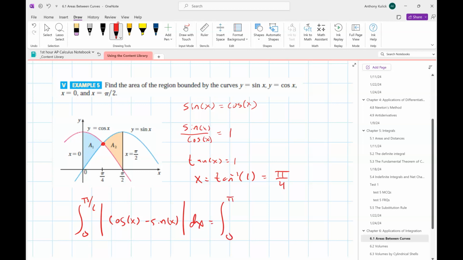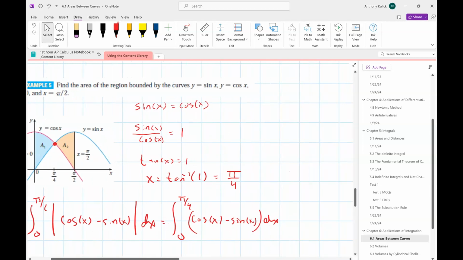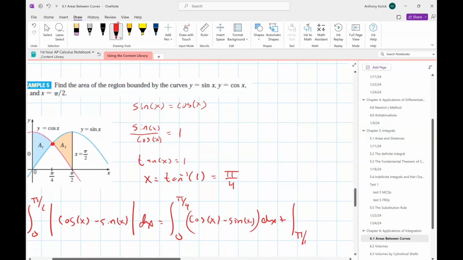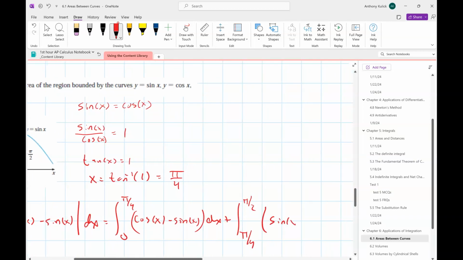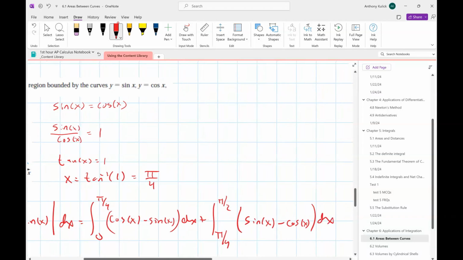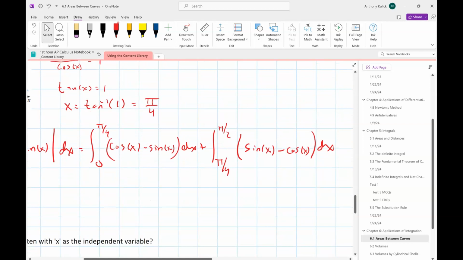And that's going to be the integral from 0 to pi over 4 of cosine x minus sine x dx, plus the integral from pi over 4 to pi over 2 of, switched, sine x minus cosine x dx. So far, so good. What's the antiderivative of cosine x?